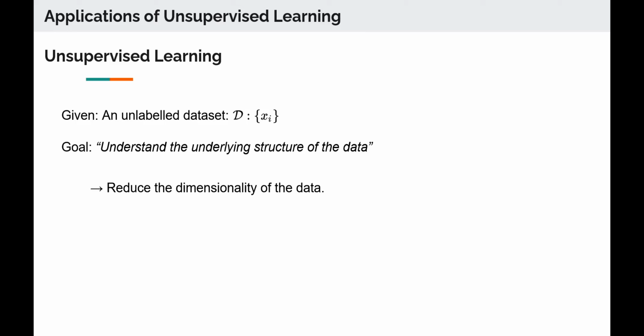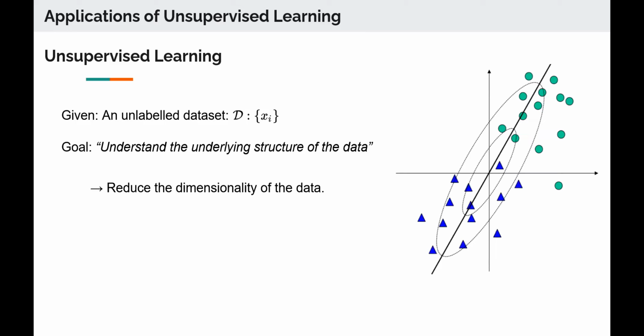For instance, in a toy example here, we have some data, and let's say we don't know these triangles or circles. These are just some data points, and we have 2D data in this case. We plot it on an XY plane, and we see that there is a lot more variance along this direction as compared to orthogonal to it.